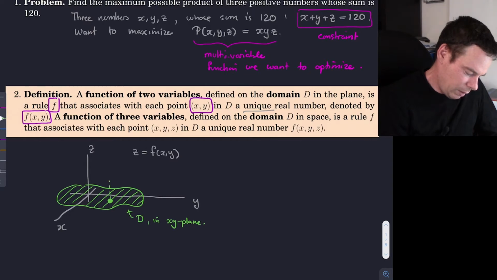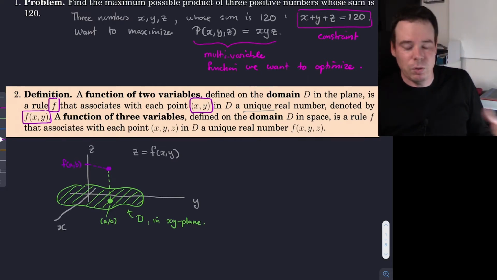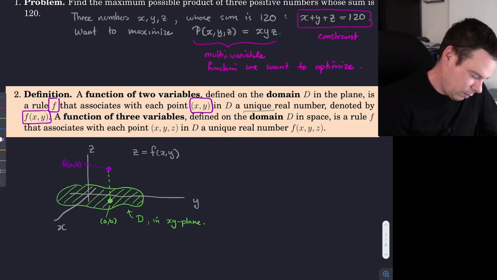So maybe that number that comes out has some height here, which we'll call f of a comma b, if I call this arbitrary point a comma b. Then f of a comma b is the height of that point. And we do this for all values in our input set, in our set D. And what we end up constructing is some kind of surface. Maybe it looks something like this.